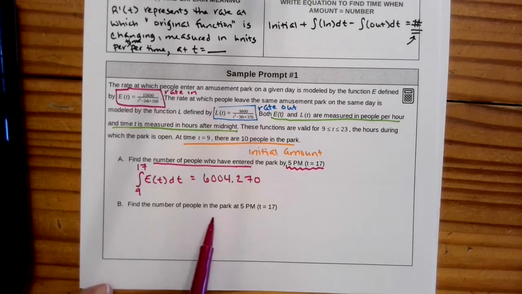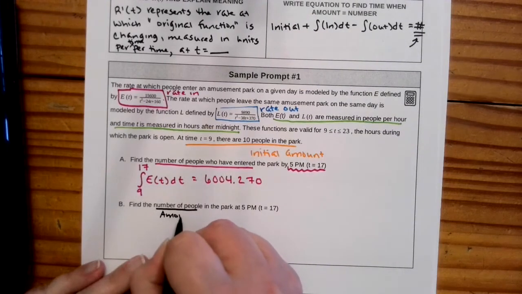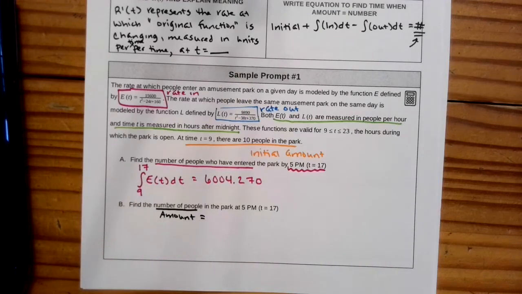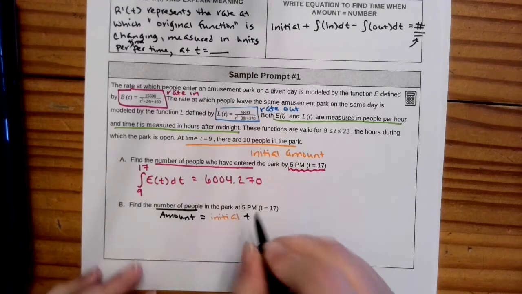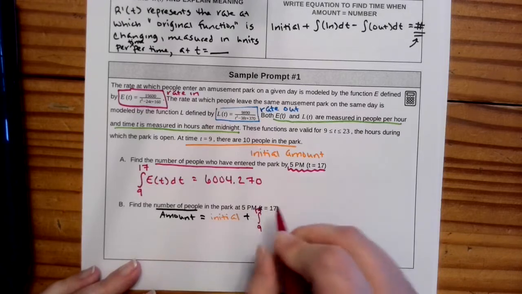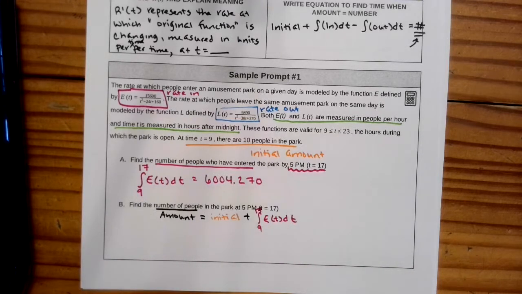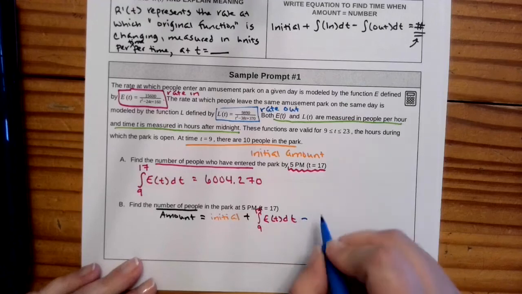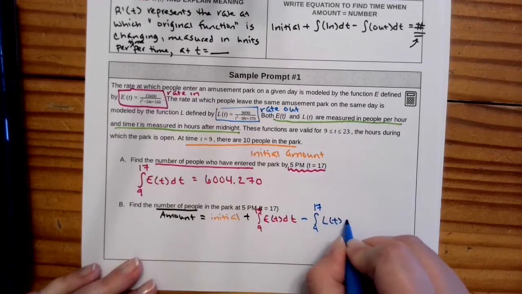Find the number of people in the park at 5 p.m. What this is really asking us for is just the current amount, the amount at 5 p.m. So we know that the amount is going to equal the initial plus the integral from 9 to 17 of E of t dt, because that's my integral in, minus my integral out, from 9 to 17 of L of t dt.